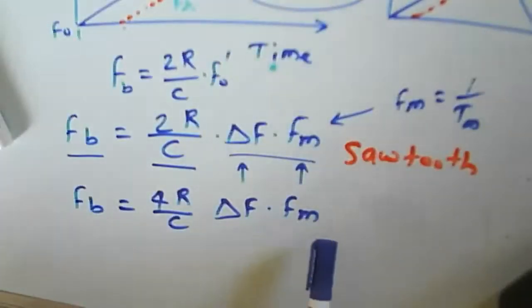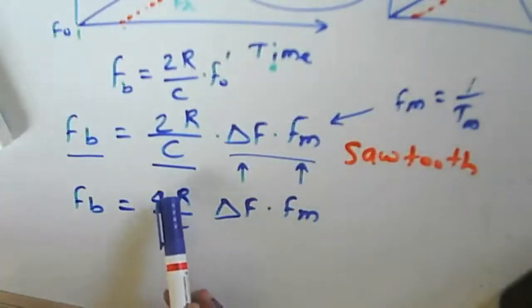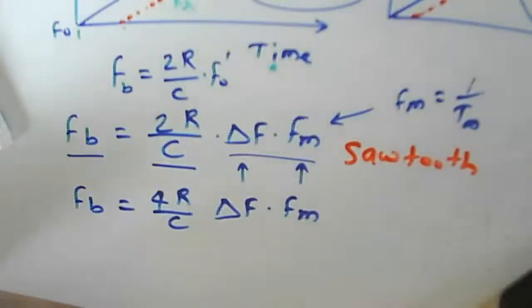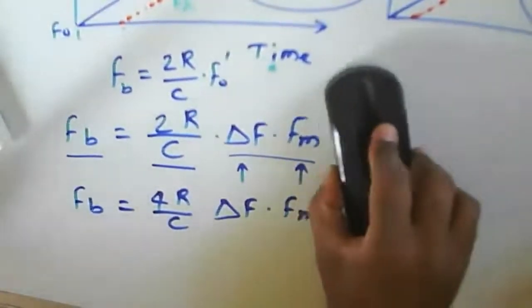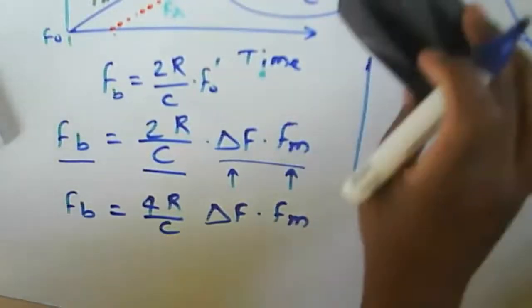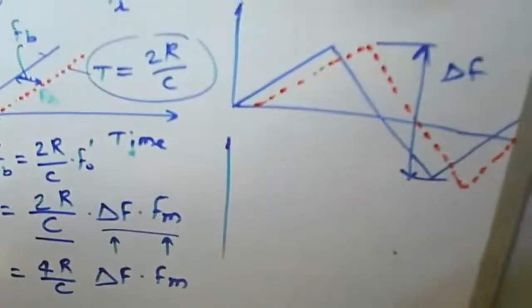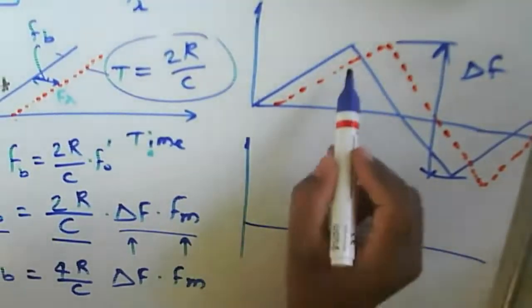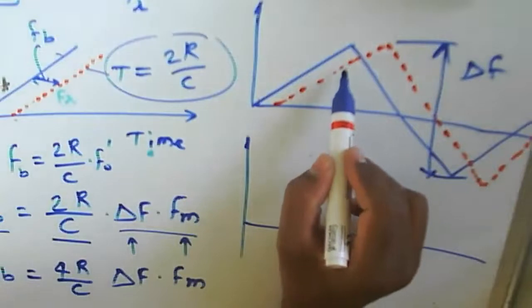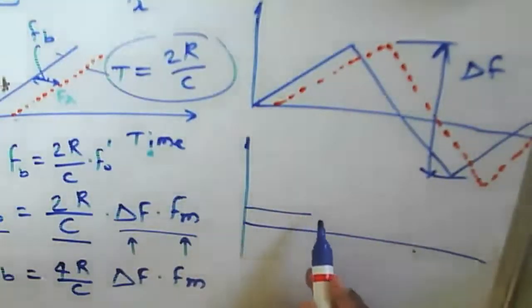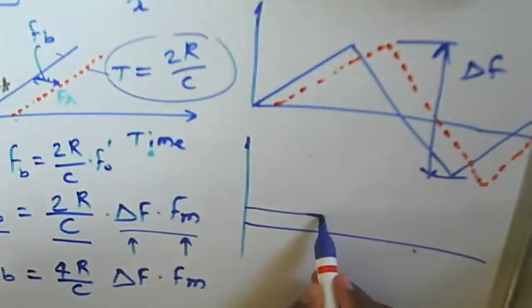Now this delta F and this FM modulating frequency, and this one is about a range, will define the beat frequency. And if you observe the beat frequency for the same diagram, this one is for the sawtooth, consider what will be the beat frequency here. At this particular point of time there will be a variation.